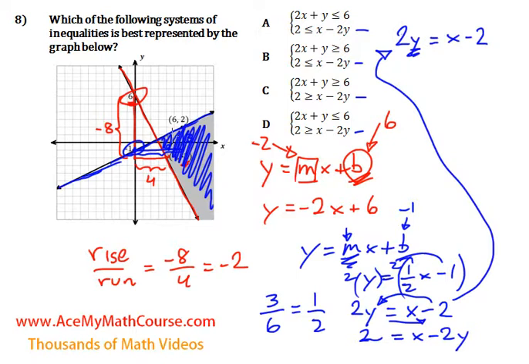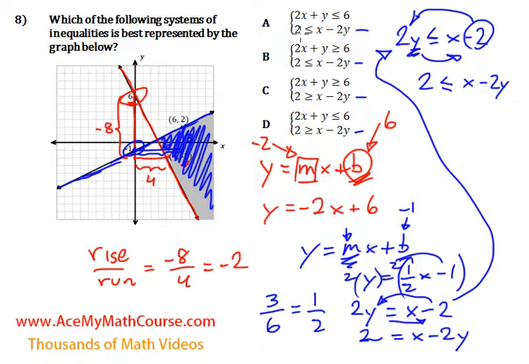And since we have shaded the area below the line, we can say 2y is smaller or equal to x minus 2. But remember, of course, that we want to bring the 2y over, so we have 2 is smaller or equal to x minus 2y. Great.